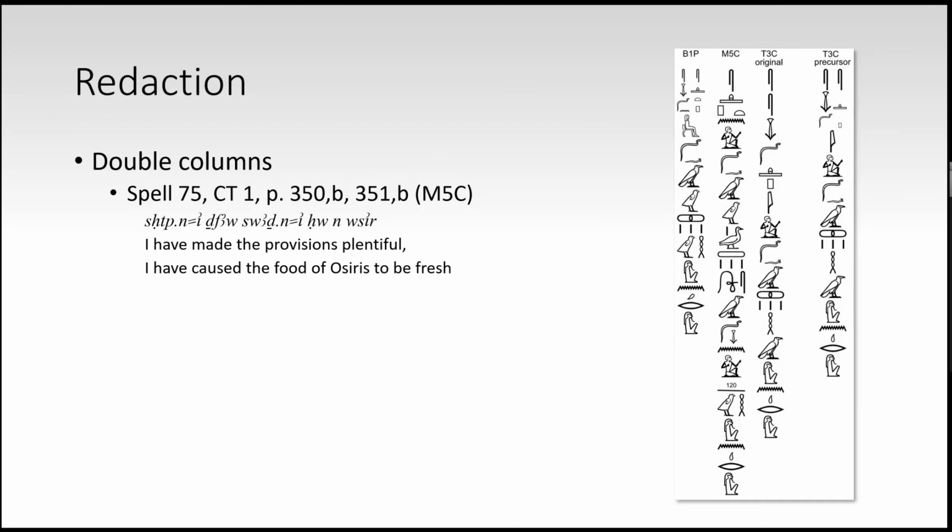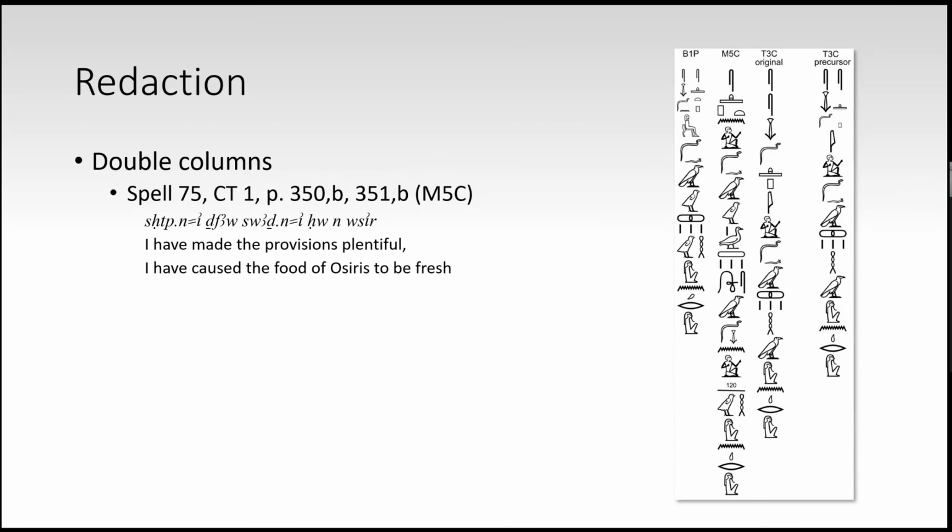You can understand that in the precursor text, at least, the text was written down as a double column, because you can see where it goes wrong: the text is completely nonsensical in its current format, because you get two s's, then followed with watch, then hetep, and then e, and it makes no sense if you try to translate it.